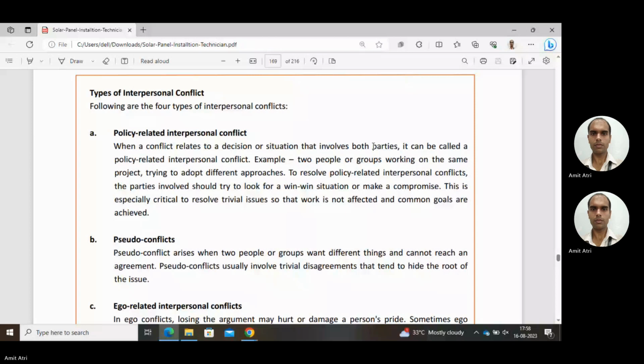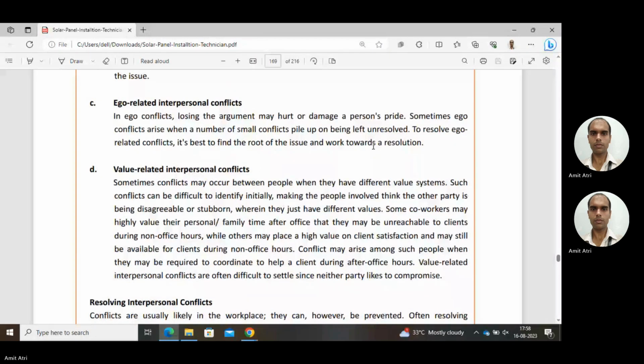Small conflicts we are not resolving, they start accumulating one after another. This may also give rise to ego conflict. To resolve ego-related conflict, it's best to find the root of the issue and work towards the resolution. So again, try to identify the root, then try to resolve it.